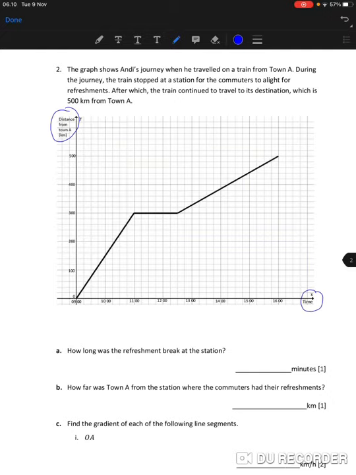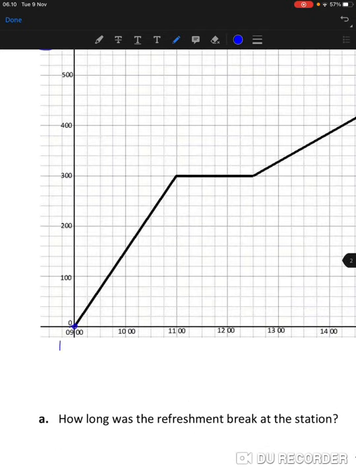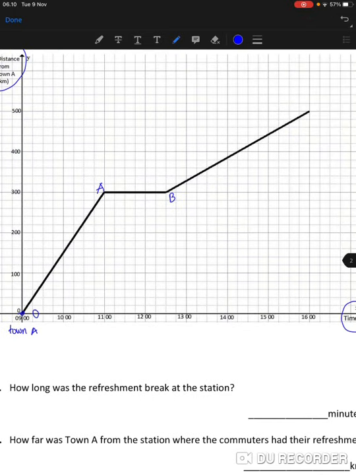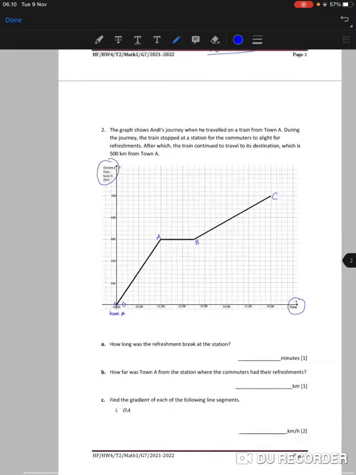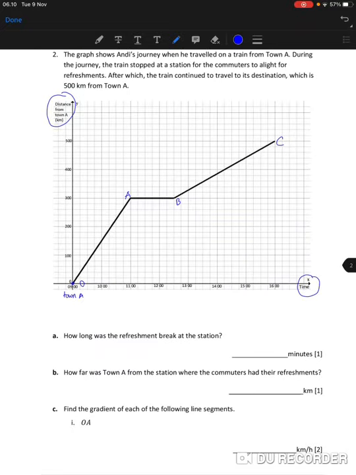A. How long was the refreshment break at the station? So from here, guys, at first this one is from town A, or we can see it as O, A, B, and C. Town A here, leave the station and then you will have refreshment here.